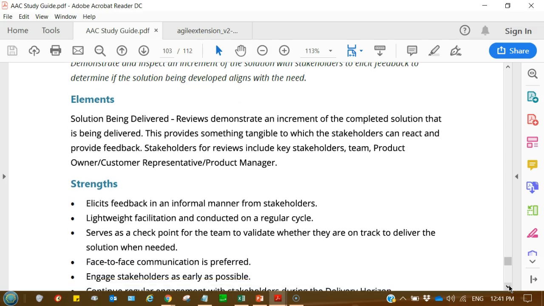If you've done informal reviews during much of your iteration, depending on the number of different stakeholders that you have involved, you might have a differing level of comfort with what's been done.